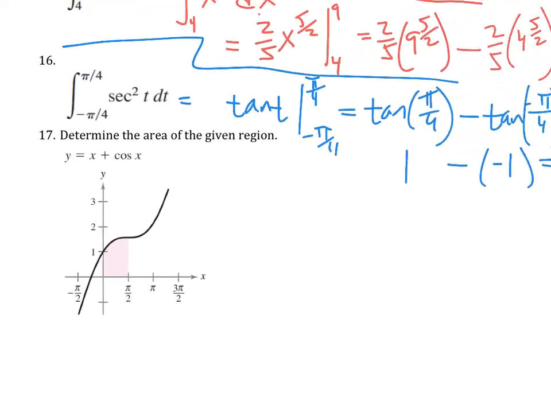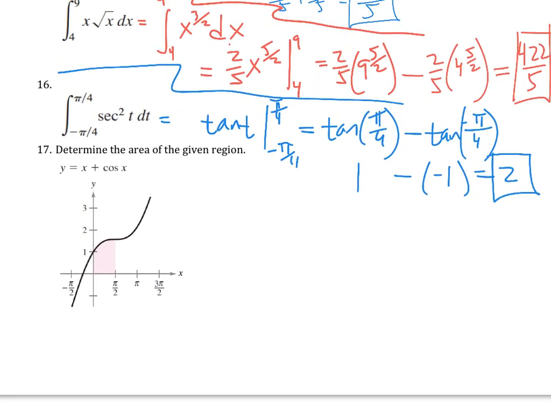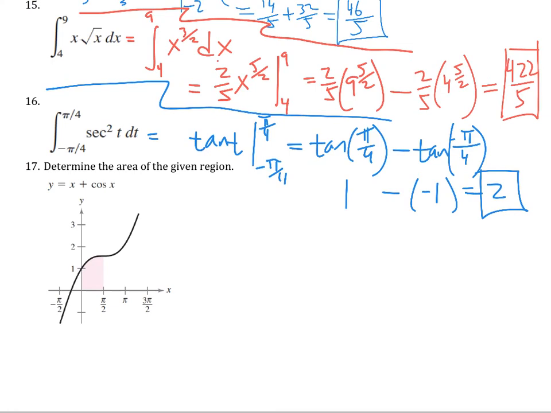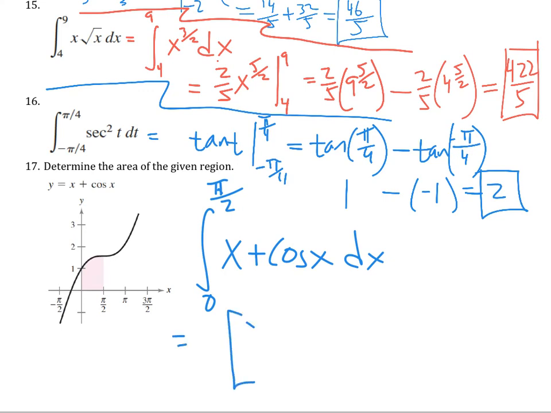All right. Here we have an integral, and we're going from 0 to pi/2, so we're going to integrate this. Remember, the directions say find the area. And so we want to remember that area is an integral. And so we're going to find the integral of x dx plus cosine x dx. And so this will be equal to x squared over 2 plus sine of x.